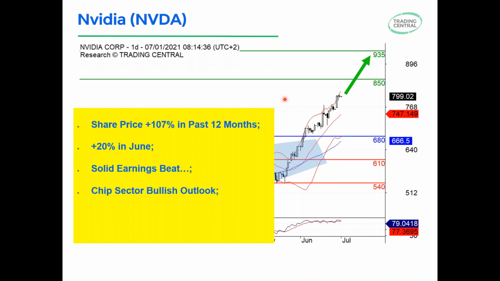Okay. Also, you are seeing that Lenovo Group, the Chinese PC maker, is increasing the price of its PCs. Why? Because they are experiencing a shortage of semiconductor chips.